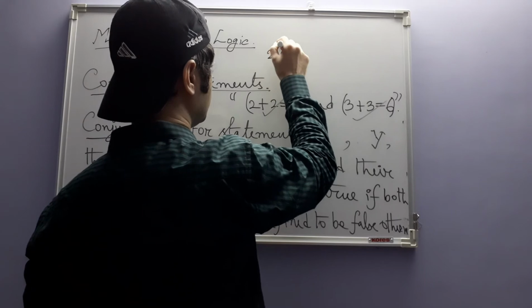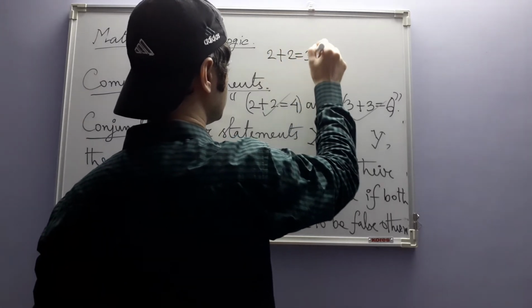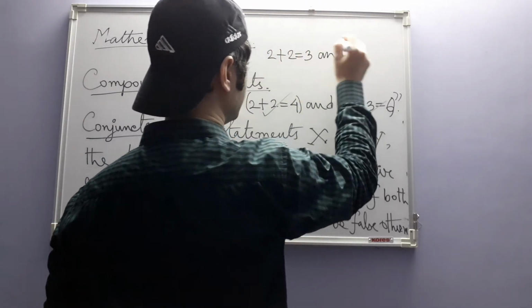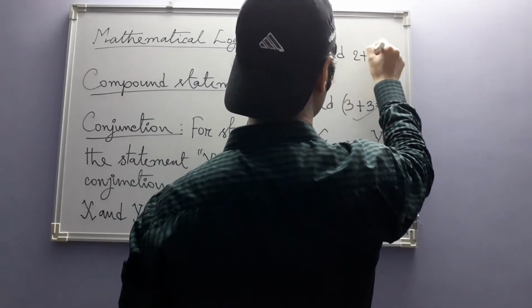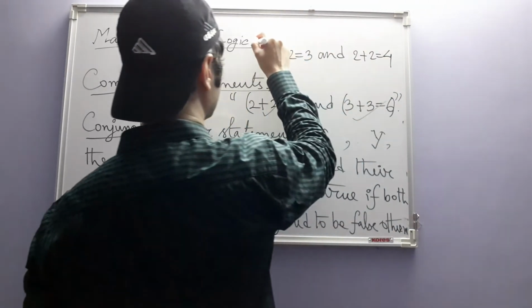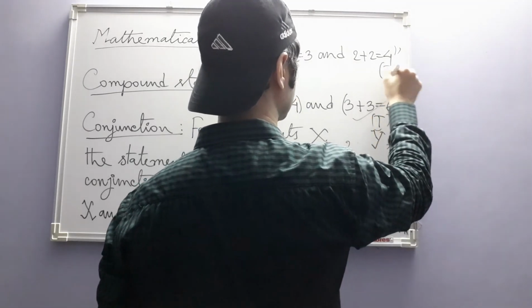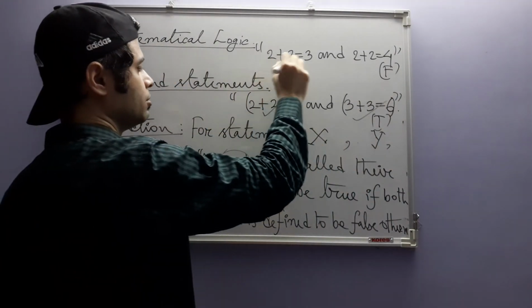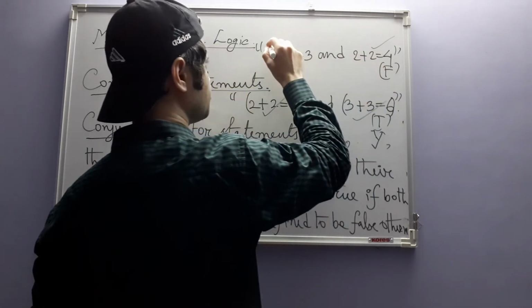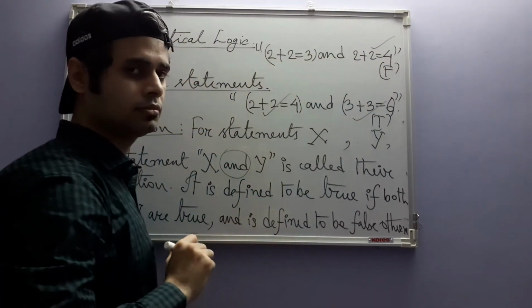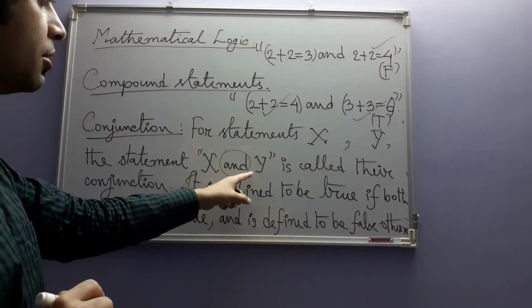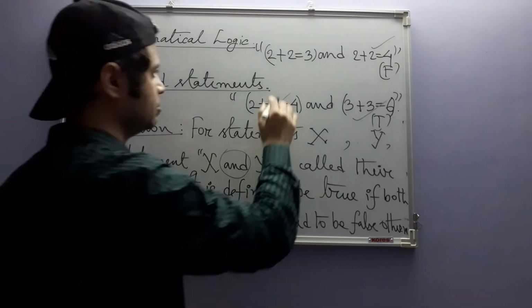For example, 2 plus 2 is equal to 3, and 2 plus 2 is equal to 4 is false. This is false, this is true. Because although this is true, this is false. So for conjunction to be true, both the statements must be true.